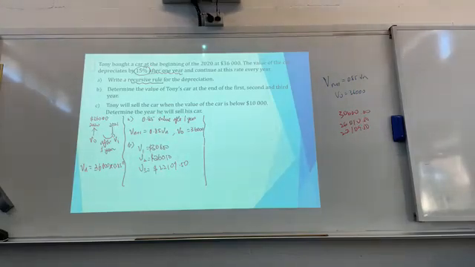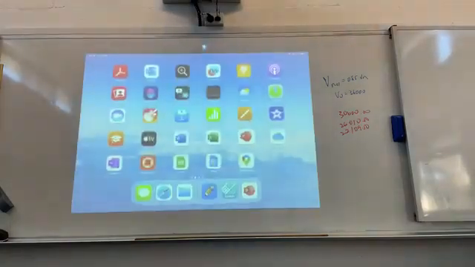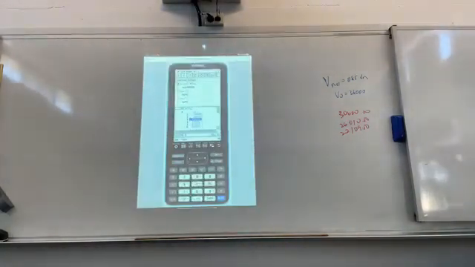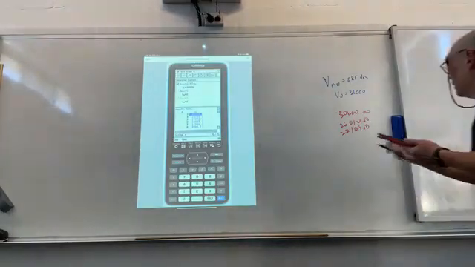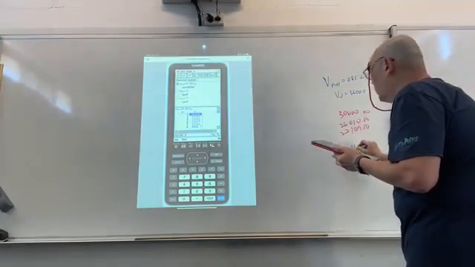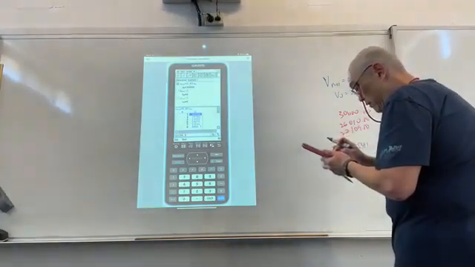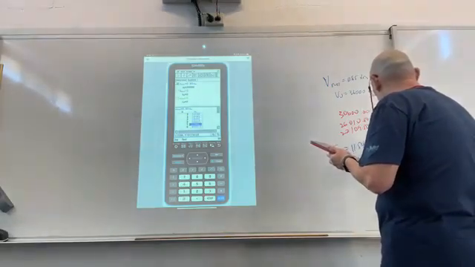Now, C. Tony will sell his car when the value of the car is below $10,000. Determine the year. Again, I'm going to highlight the words the year, because you're given the year 2020, you need to work out the year as well. So, let's go back to your calculator. $10,000. T7 equals 11541.78.